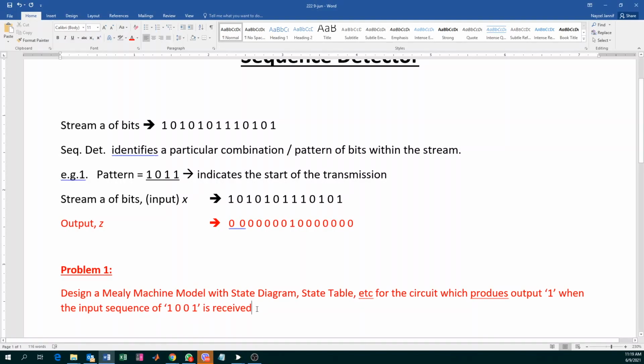Okay, when the input sequence of 1 0 0 1 is received.